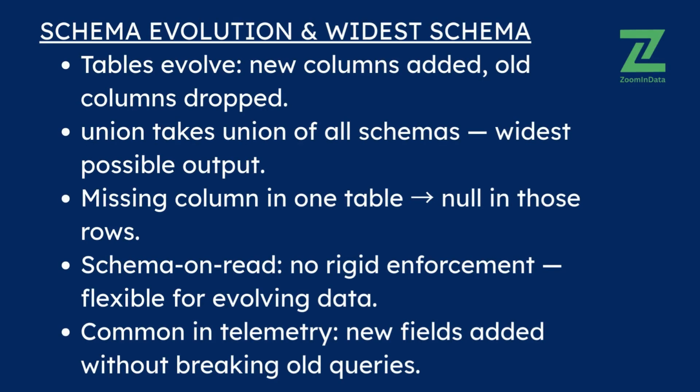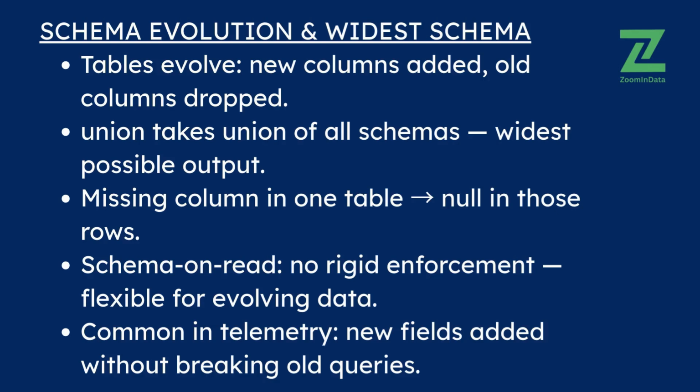Schema evolution is where union really shines. Tables evolve over time. New columns get added, old ones deprecated or dropped. When you union them, KQL takes the union of all schemas, the widest possible output schema. Any column missing from one input table gets filled with null in those rows, no data loss, no error.